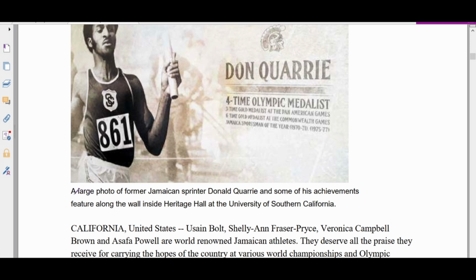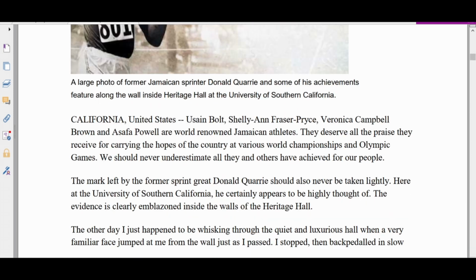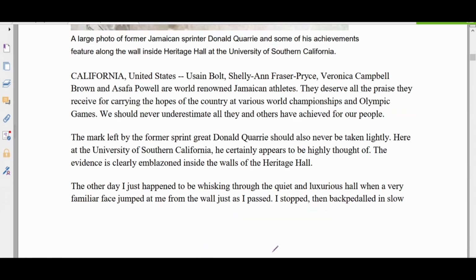It says here a large photo of former Jamaican sprinter Donald Quarry and some of his achievements feature along the wall inside Heritage Hall at the University of South Carolina. California, United States.